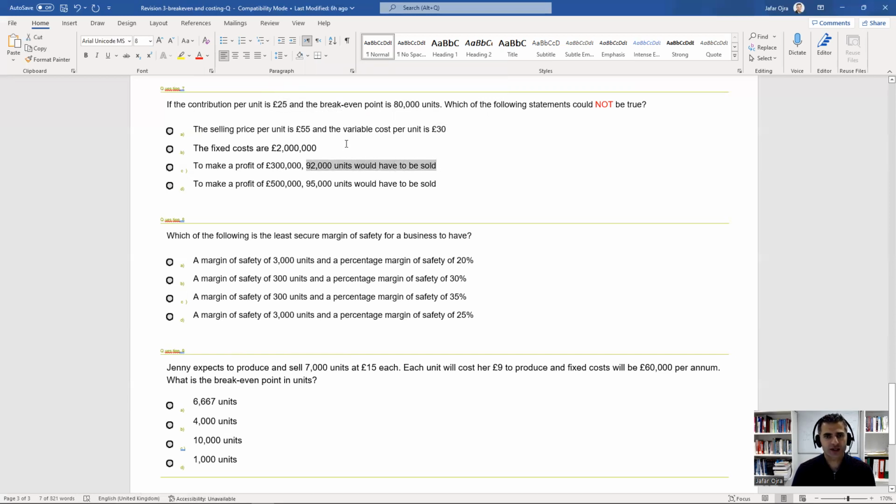So that is correct. That means the company needs to sell 92,000 units in order to achieve a targeted profit of 300,000 pounds. Final one, to make a profit of 500,000, 95,000 units would have been sold.